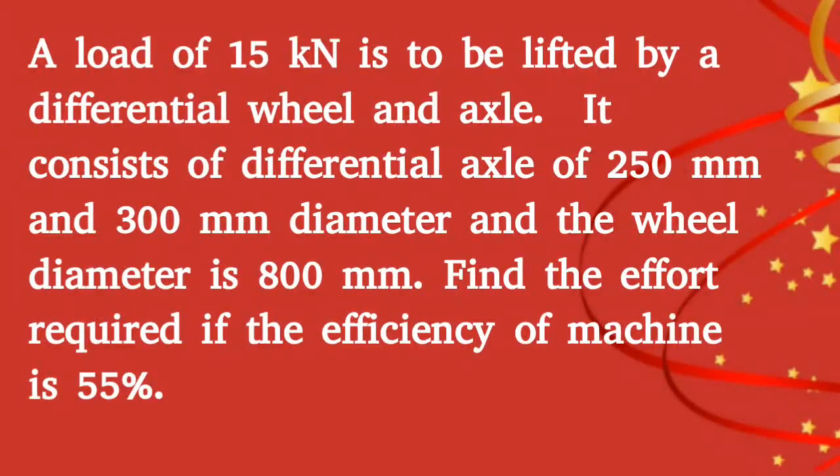Given question: a load of 15 kN is to be lifted by a differential wheel and axle. It consists of a differential axle of 250 mm and 300 mm diameter, and the wheel diameter is 800 mm. Find the effort required if the efficiency of the machine is 55%.